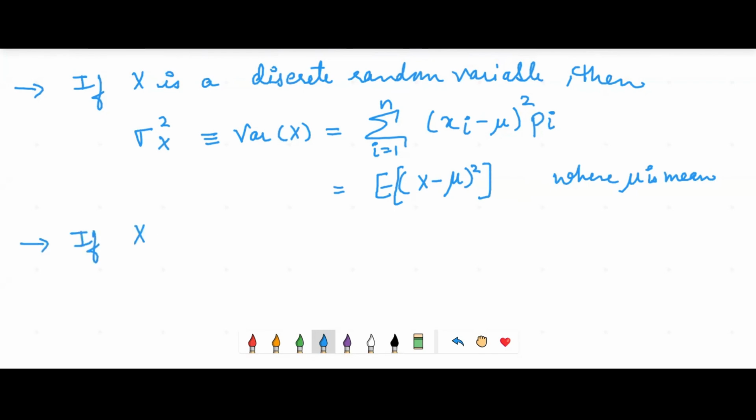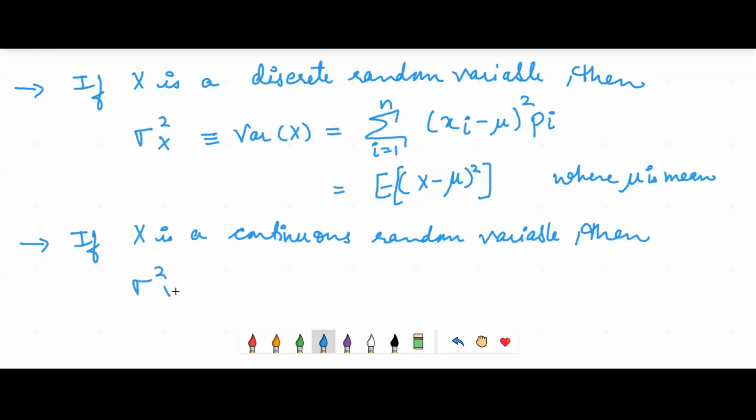Now, if x is a continuous random variable, then sigma square would be the integral from minus infinity to infinity of (x minus mu) whole square times f(x) dx, where f(x) is the respective PDF of the continuous random variable x.